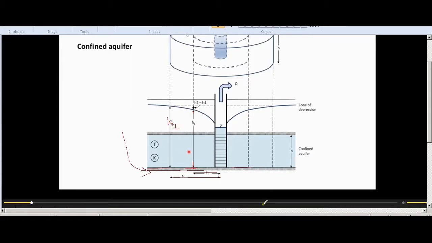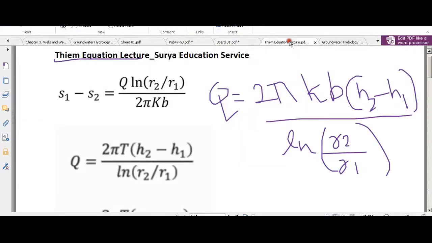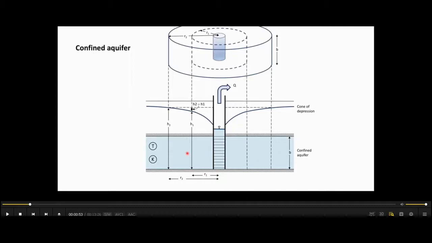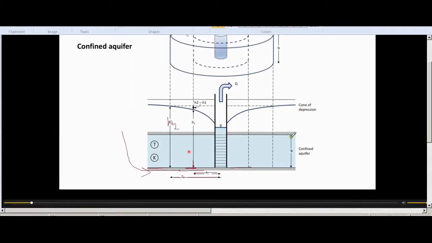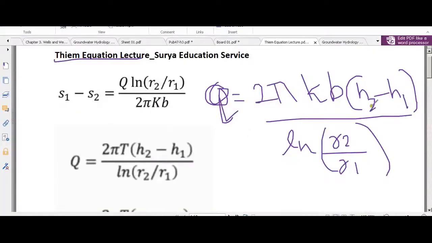According to the formula, the discharge rate equals 2 pi, k meaning the conductivity, b meaning the thickness, this is that thickness, times the height difference, h2 minus h1. Keep in mind h2 is always higher than h1.